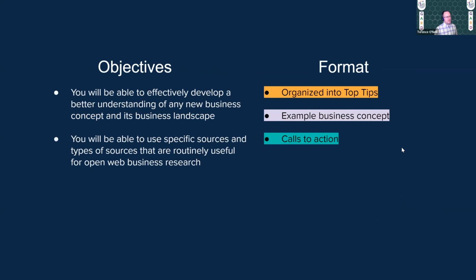So I broke this down into top tips, looking at things to really keep in mind as you're using the internet to research business models, to learn more about the possibilities around your innovation.